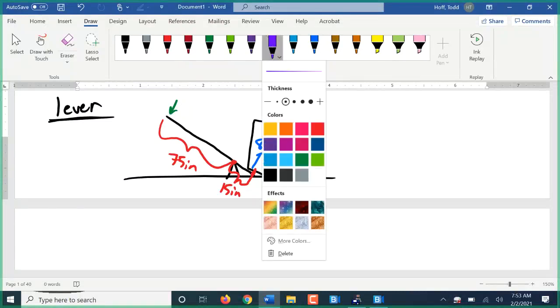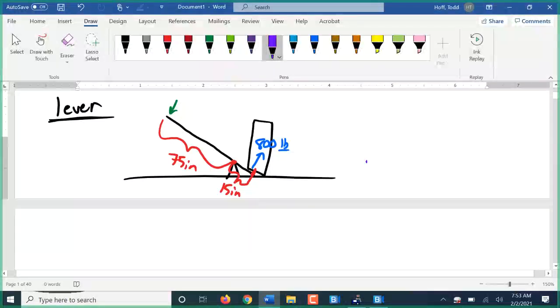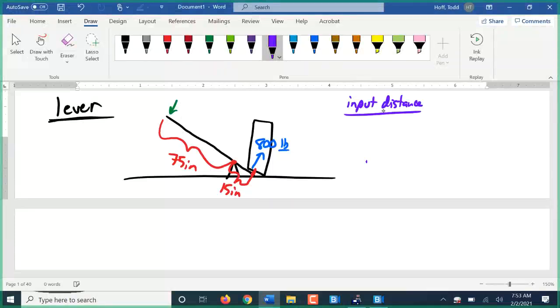Again, it is a ratio of the distances, but it's an inverse ratio. So it's the input distance over the output distance.